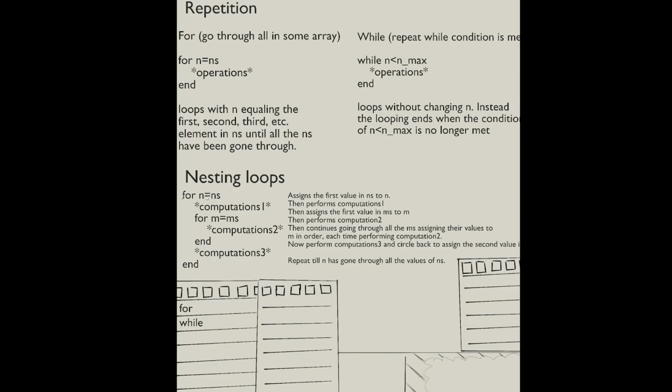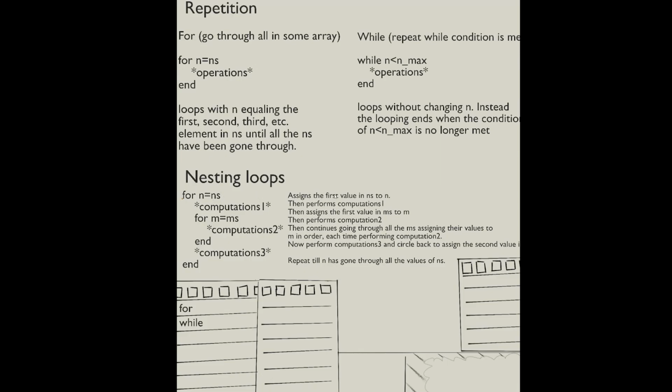So for n equals n's, and then for m equals m's, then whatever computations in here, end that first for loop, do whatever computations here, and end the outer for loop.